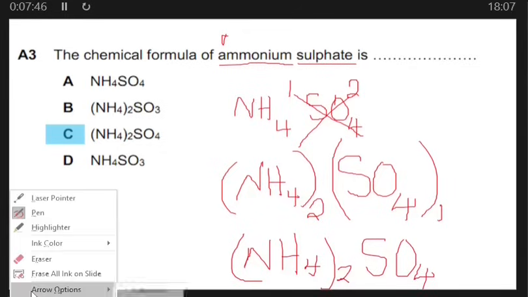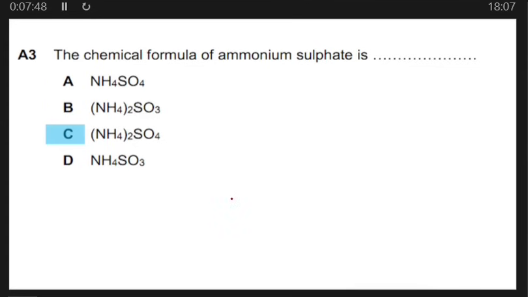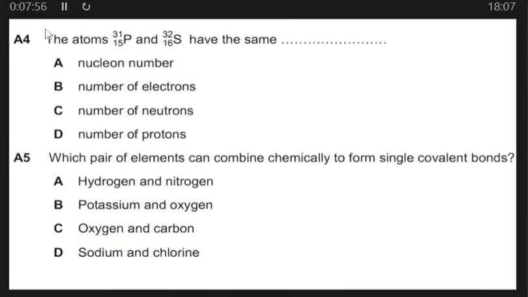All right, so let's go to another question. F4 reads, the atoms P, which has a relative atomic mass 31, atomic number 15, and S, which has a relative atomic mass 32, atomic number 16, have the same A, nucleon number, B, number of electrons, C, number of neutrons, D, number of protons.